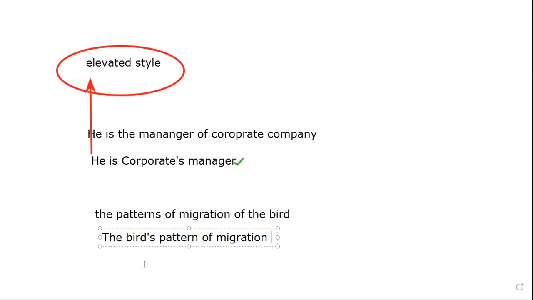Or I can say the bird's migration. Understand? Which one is better in style, the first or the second? The second is more elevated in style. Elevated means higher and better. Understand that point?